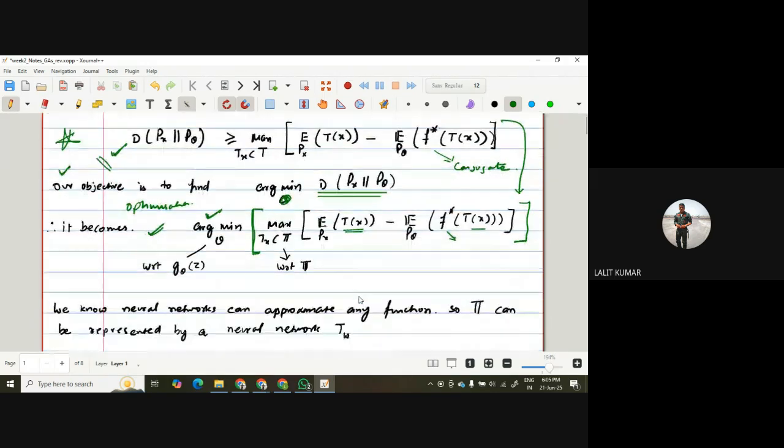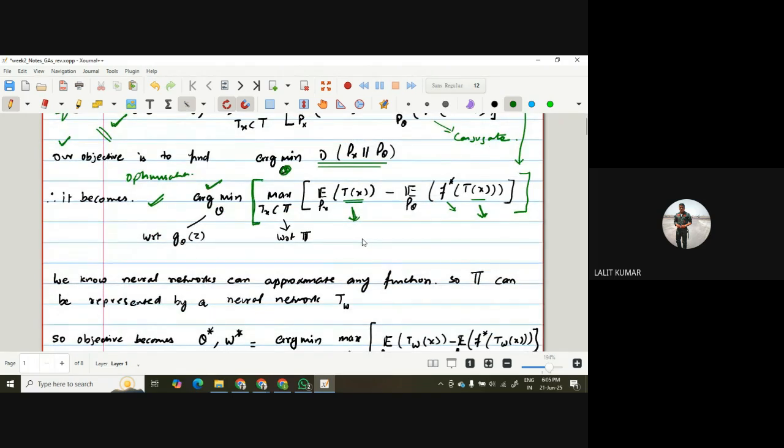Now we also know that neural networks can approximate any function. So this T(x) can be a neural network. We remember from our deep learning course, from the approximation theorem, that neural networks can approximate any function. This set of functions is the set T, and T(x) is what we have to find which maximizes this.